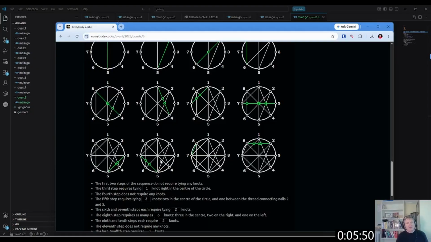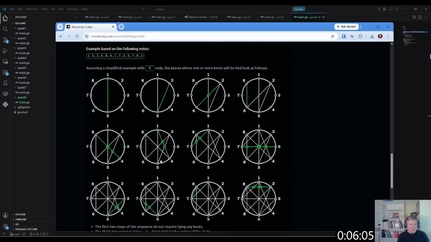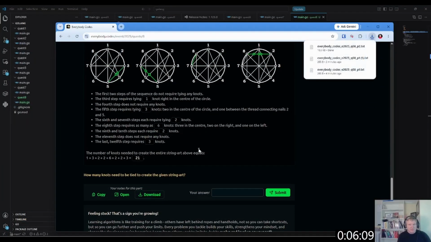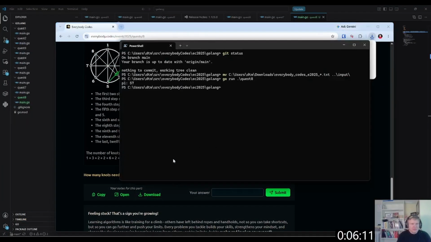Okay, so every time I do this, I basically have to say how many of the previous line crossings do I cross.